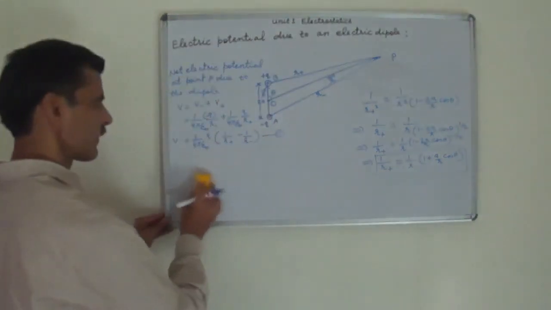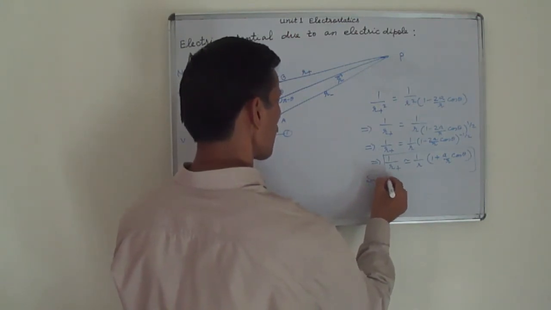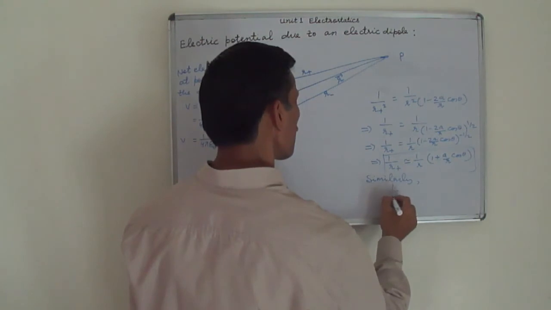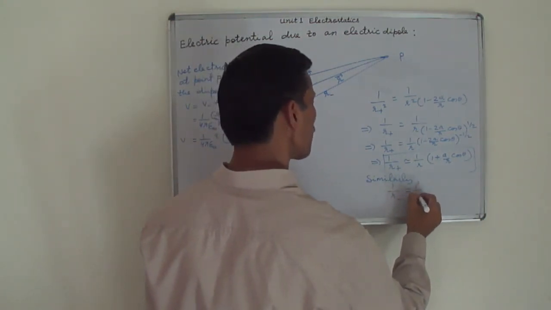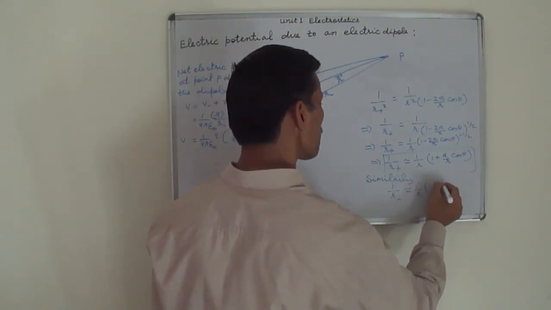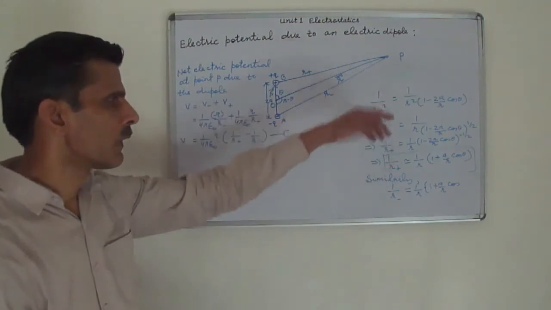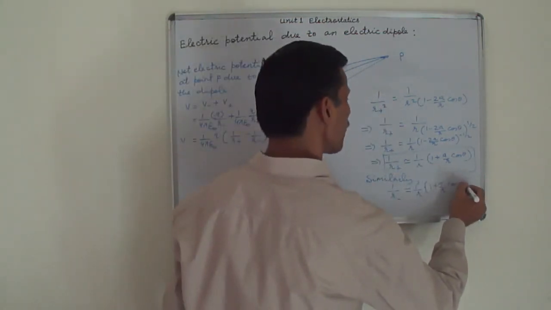Similarly, 1 upon r minus is approximately equal to 1 upon r, 1 plus a upon r cos pi minus theta.